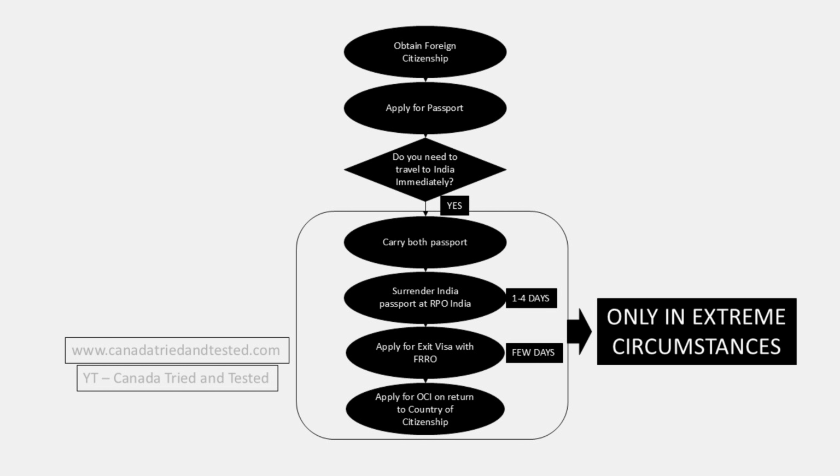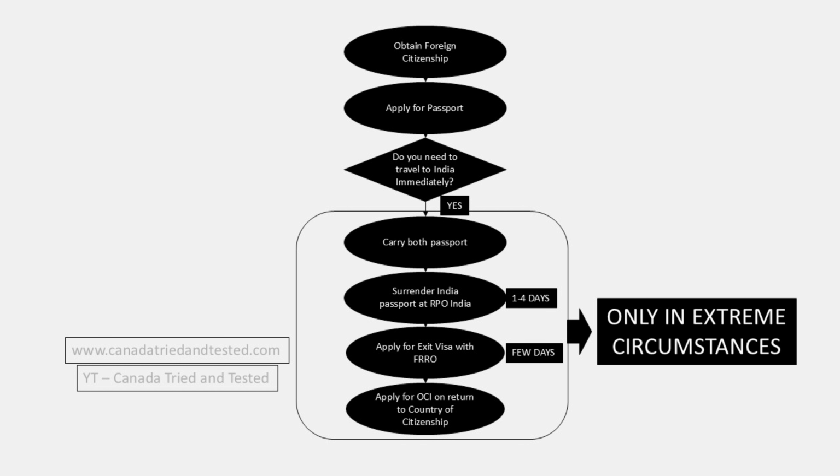After landing, they went ahead with the OCI service here in Canada. People had different experiences. In most cases, no penalty was paid. In some cases, depending on different FROs, people had to pay the penalty, but they eventually got the exit visa and applied for OCI after coming to Canada.